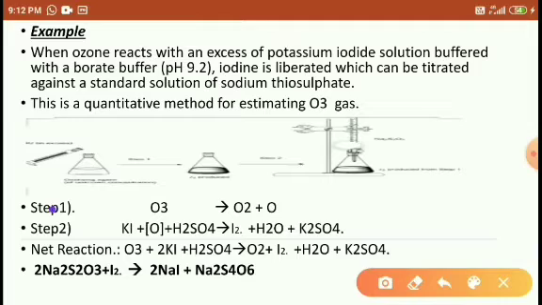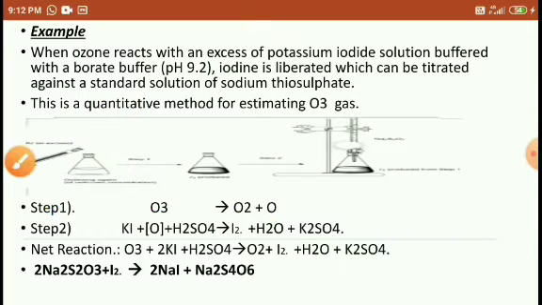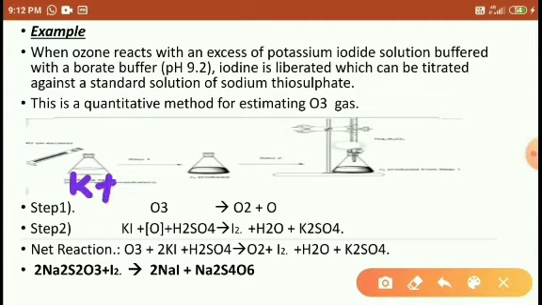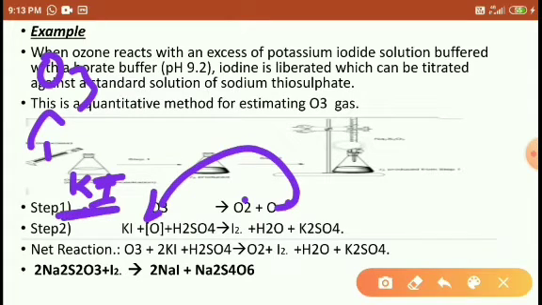So that is what we have to calculate here. For step 1, O3 turns into O2 and O. This is the beaker. In this beaker I am using potassium iodide, K plus I minus, to which I am adding the ozone molecules. When ozone dissociates to form nascent oxygen, these nascent oxygens react with the potassium iodide.